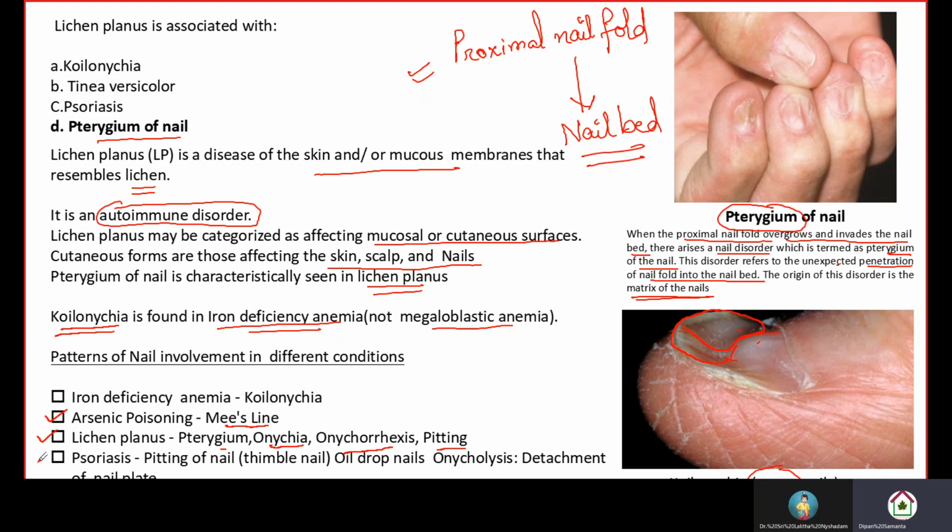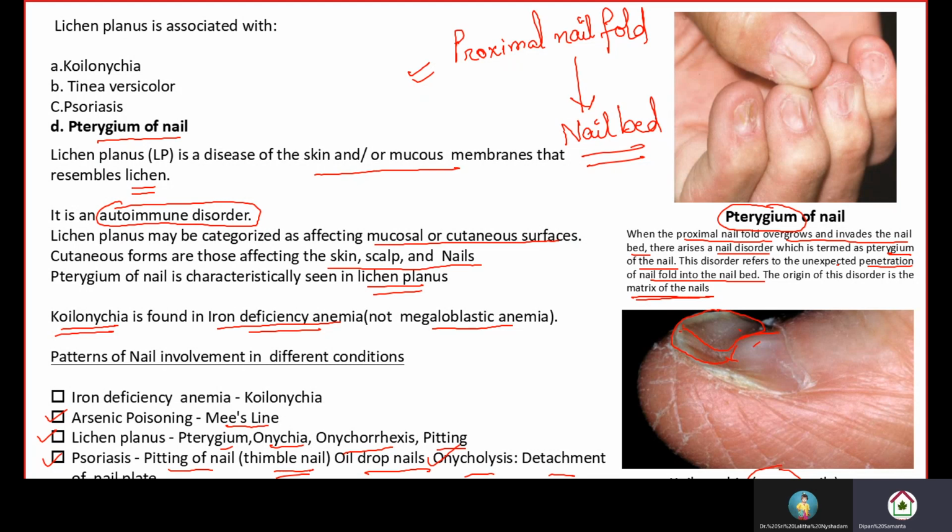And in psoriasis, pitting of nail, that is thimble nail, oil drop nail, onycholysis. In onycholysis, detachment of nail plate occurs. So just remember each of these patterns of nail involvement in different conditions.